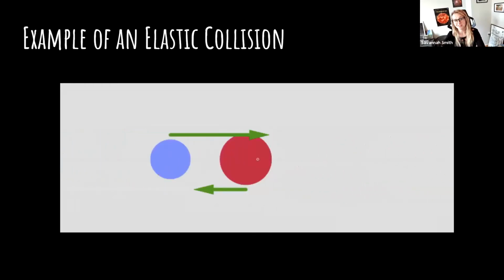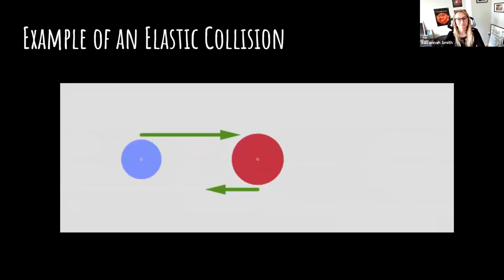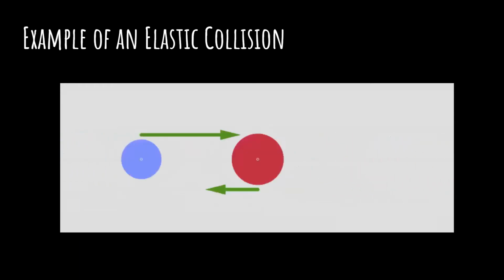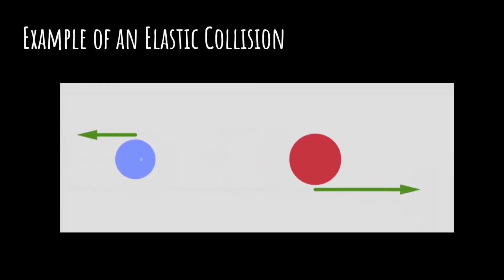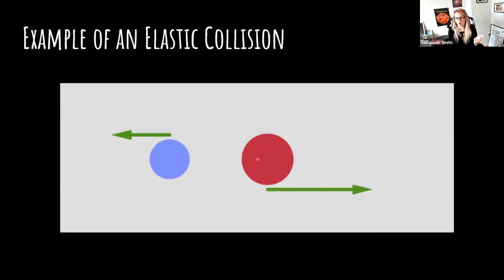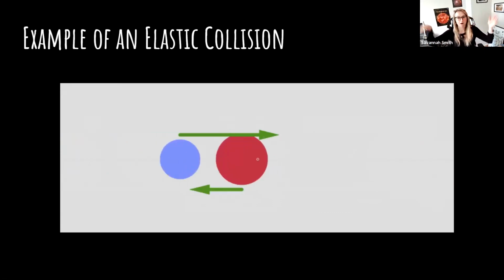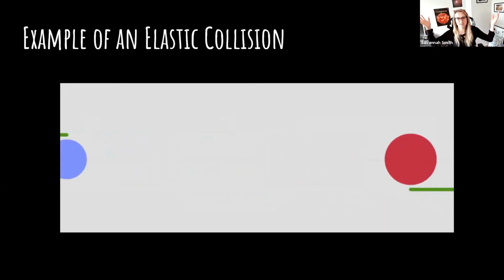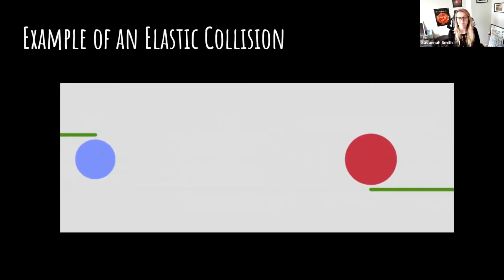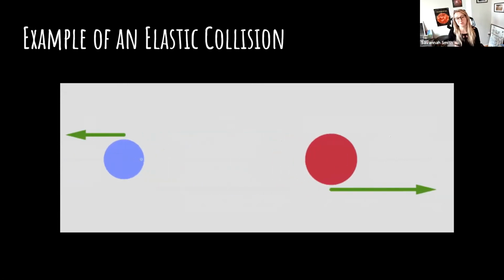I can name a couple things. The two balls are of different sizes, so they might be of different masses. There you go. These two balls are obviously different sizes. So maybe that means that they have different masses. That's really good. And that's basically what this is telling you.